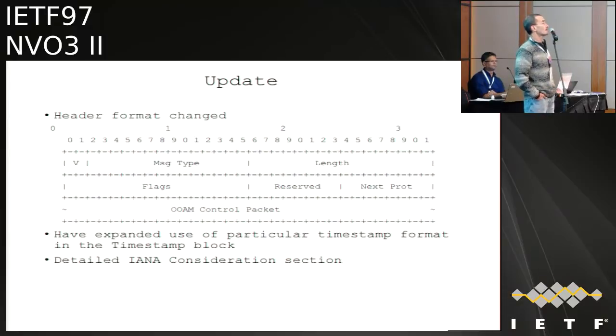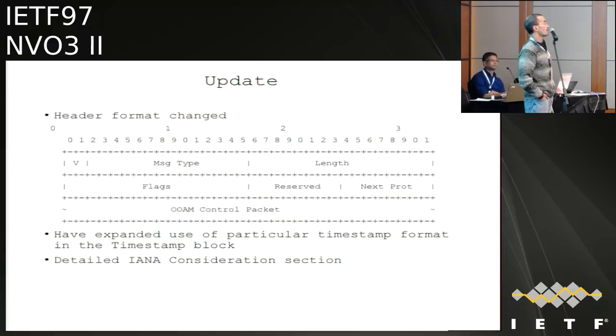So, that's something that we would definitely like your consideration and invite comments about, the idea of having the next protocol. So the idea is that an OAM control packet can be followed by some other protocol, and it could be the payload.